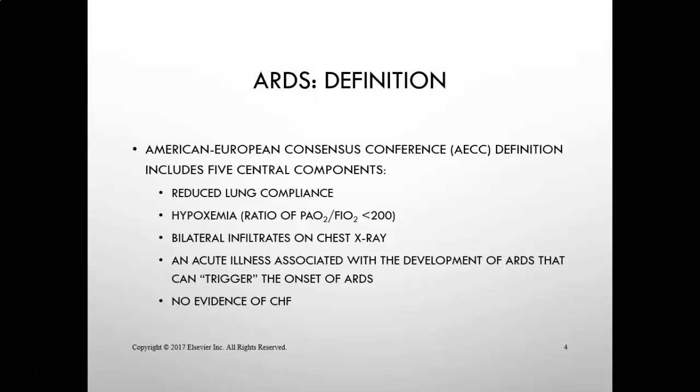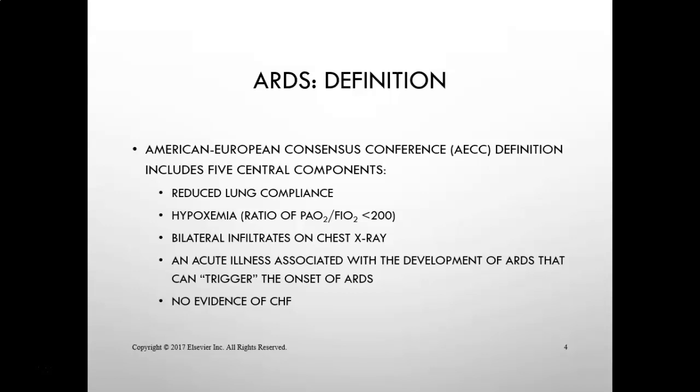They have a hypoxemia with a PaO2 to FiO2 ratio of less than 200. That's the P, it should be the little a, but the slide capitalized it. But I'm talking the arterial oxygen divided by the FiO2. And we'll take a look at that in a couple slides here. If it is less than 200, then that is bad.